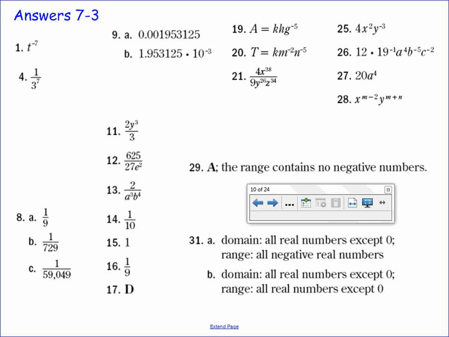Everybody good with assignment number 2? Assignment number 2? Okay, thank you, ladies and gentlemen.